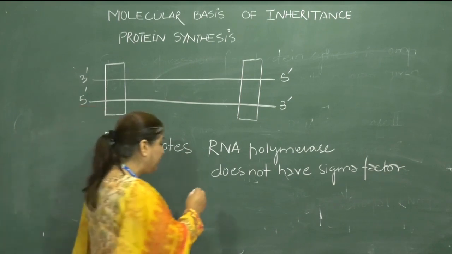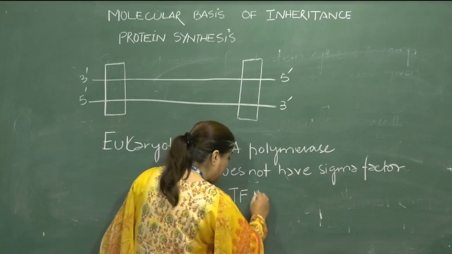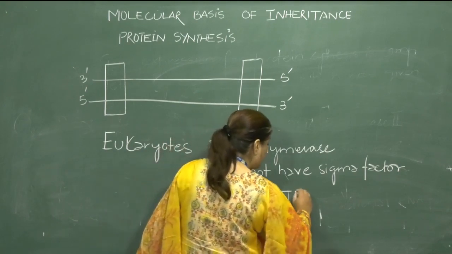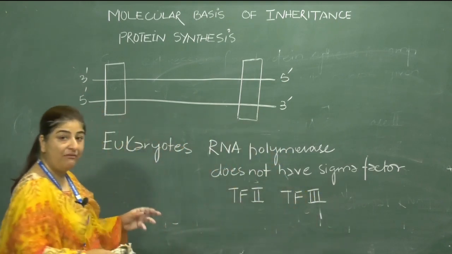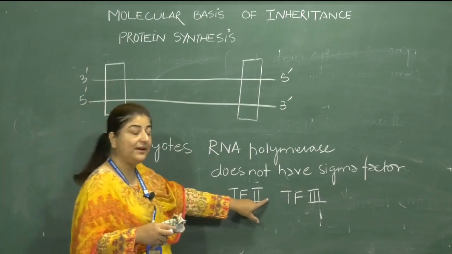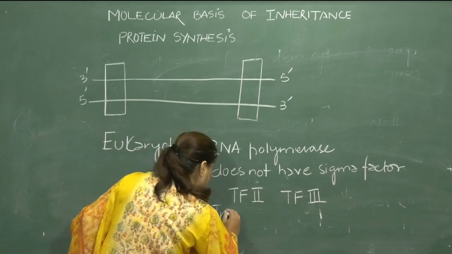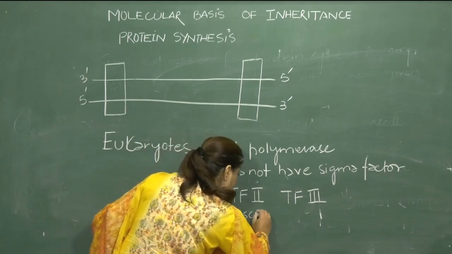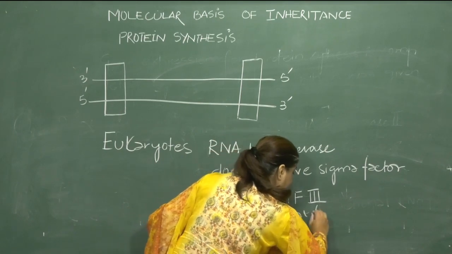Here in eukaryotes you have transcription factor II and transcription factor III. So, in place of sigma factor, in eukaryotes there are transcription factor II and transcription factor III. TF stands for transcription factor.